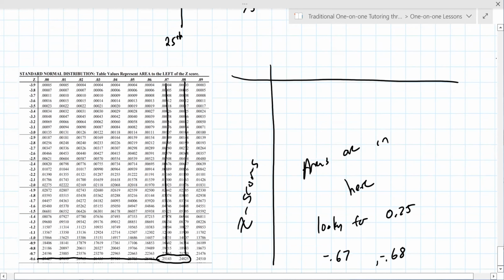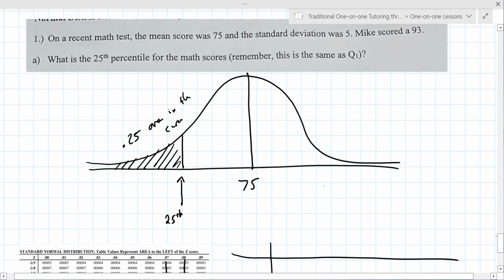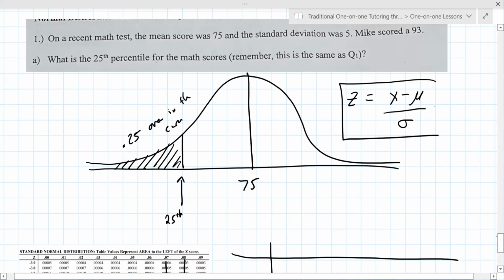Have you seen this, been doing this? Yeah. All right, so that's really important. Okay, so it doesn't matter which one you pick. You just pick either one here. So in terms of how you do this problem, the Z score is calculated as X minus mu over the standard deviation. Have you seen that before? Yes.